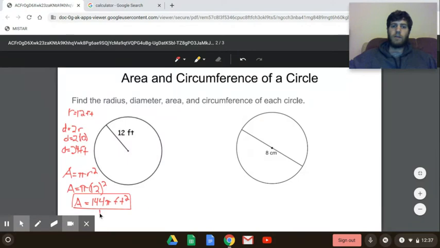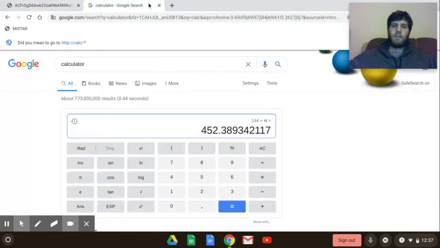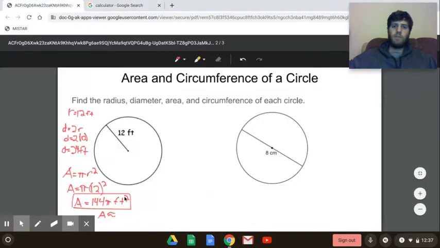Right, so area, it's not exact, it's approximately 452.39 feet squared. Okay, either answer is acceptable. Okay, but this one's the better one because it's more exact. 144 pi is more exact.